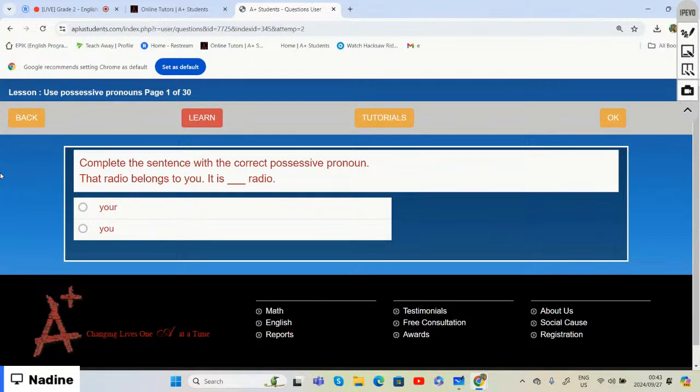All right, so the radio belongs to you, then we can say option one, it is your radio. So option one.